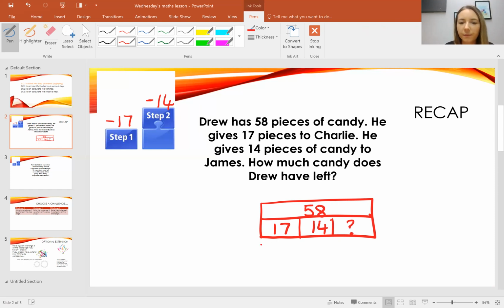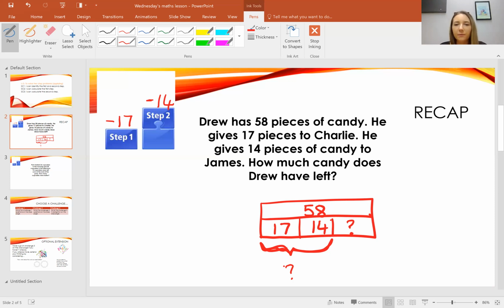So this part of the bar, we need to find out what that is, and then we can subtract that from 58. So there are two ways of doing it. We could do 58, take away 17, and then take away 14. Or we could do 17 add 14 to give us a total here, and then 58 take away this. That's up to you which way you do that.